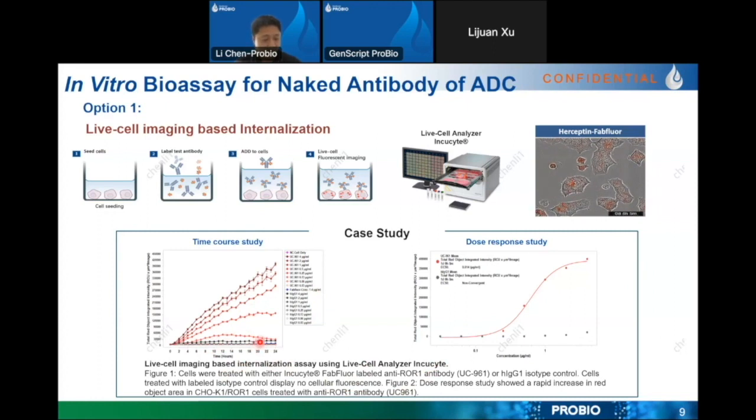And you can include multiple curves in one graph to visualize the kinetics and the dose-dependent response.